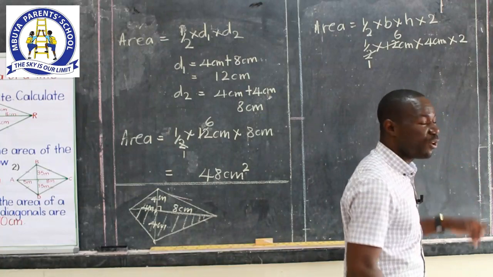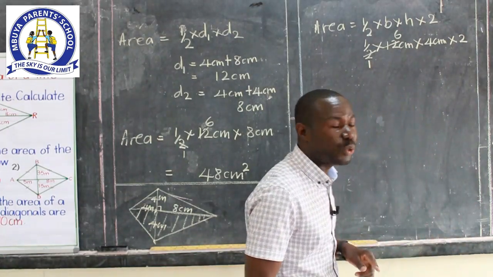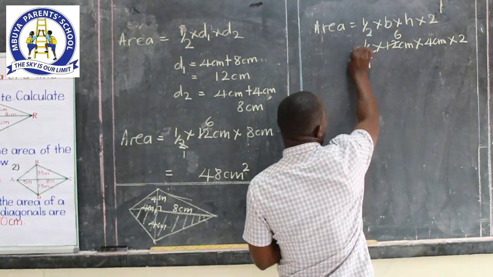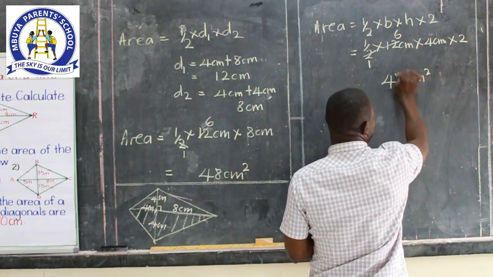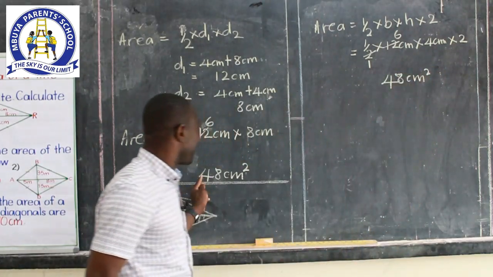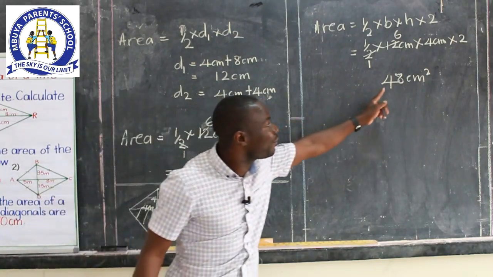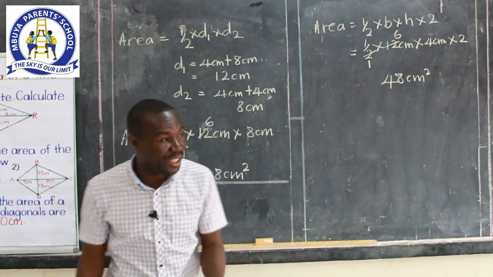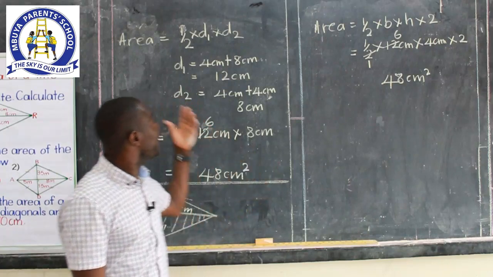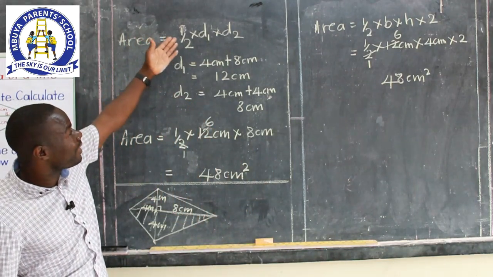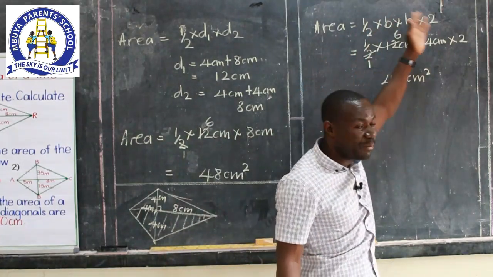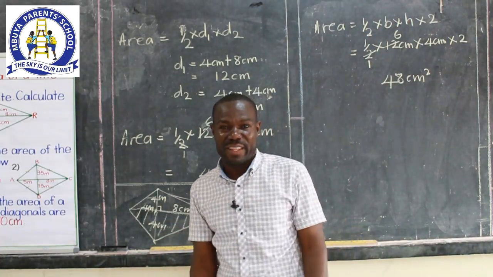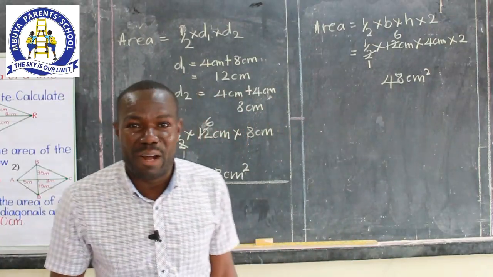Then 24 square centimeters times 2, I will get my answer as 48 square centimeters. You realize that the answers are the same. So you can choose what to use. You can either use a half diagonal 1 times diagonal 2, or a half base times height times 2, since there are 2 triangles. Therefore, I feel you are comfortable.